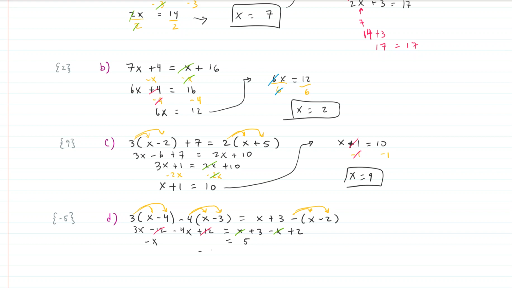So I have negative x equals 5. Well, let's multiply both sides by negative 1 so that we can get rid of that x. And that gives us x equals negative 5.